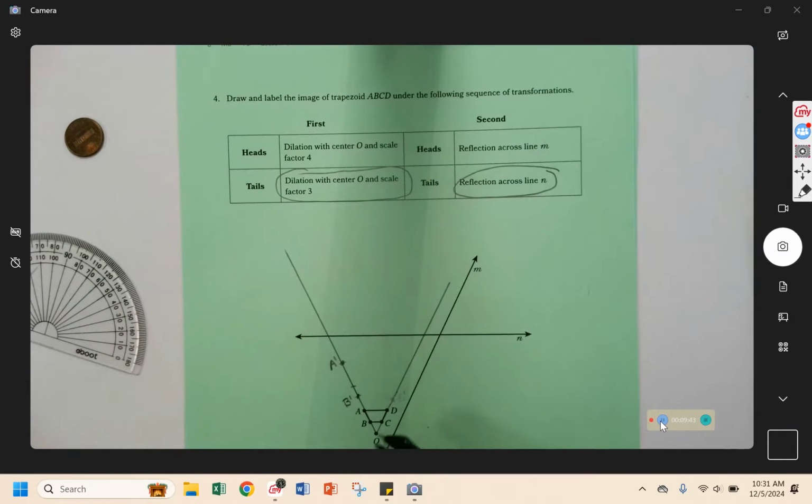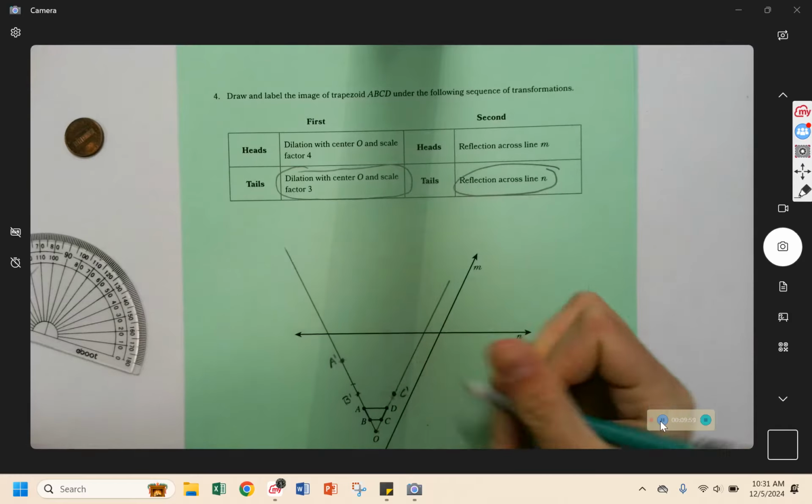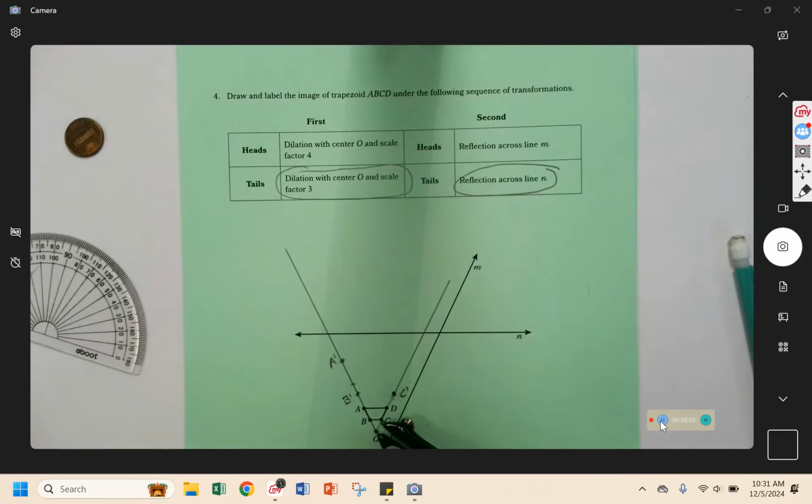Try that again. 1, 2, 3. And then D, 1, 2, 3.